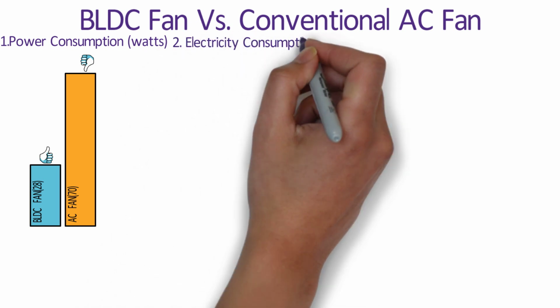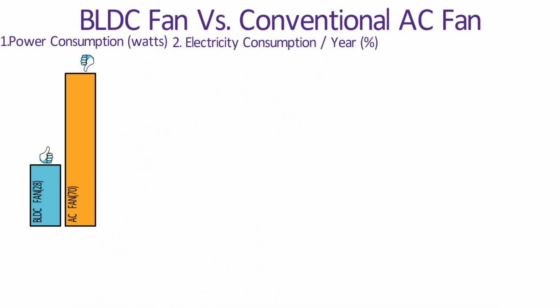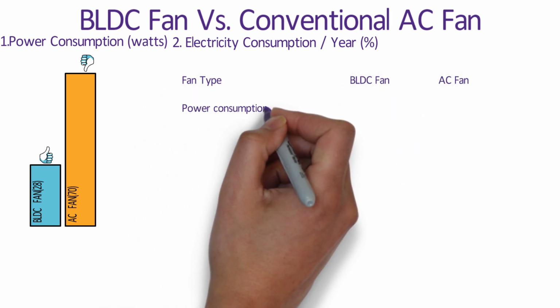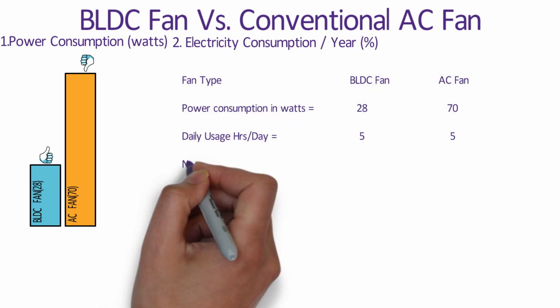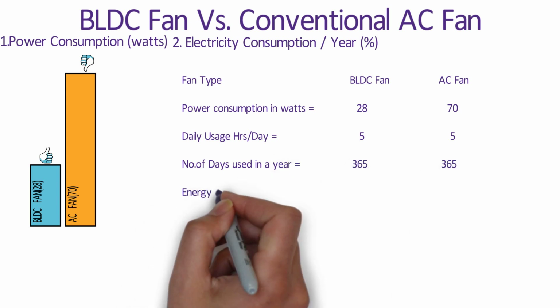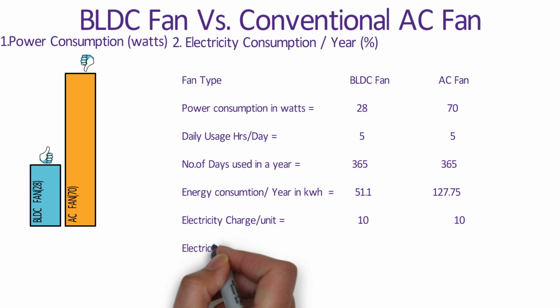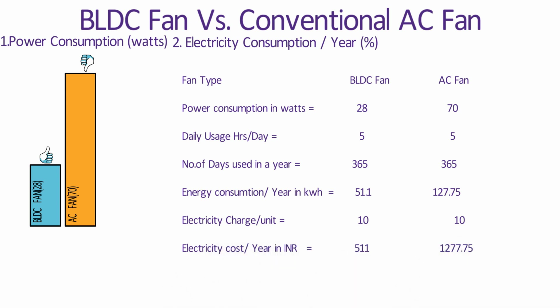Second comparison goes with energy consumption. For understanding the energy consumption concept, we will go through a small calculation. Fan type, we will compare BLDC fan and conventional AC fan. We know BLDC fan consumes power of 28 watts.